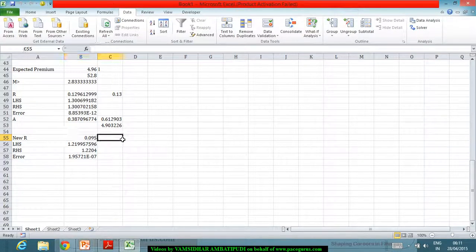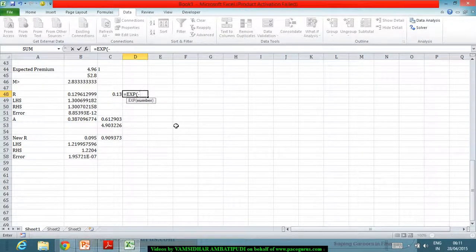And when I'm talking about e to the power of minus R, going with Lundberg's inequality, e to the power of minus R u, where u is the initial surplus that I am having, here you will get a lesser e to the power of minus R and here it will be slightly a higher e to the power of minus R. So the higher the adjustment coefficient, the lower the probability of ruin will be.